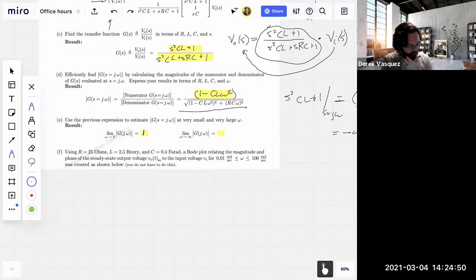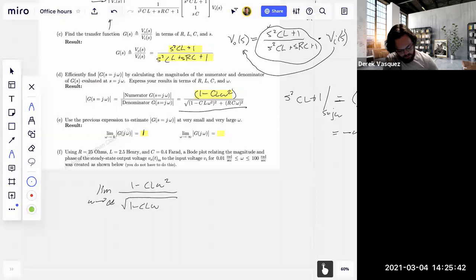Perfect. Okay, so now we're going to take the limit as omega approaches infinity, and this will be the magnitude of G of j omega at very high frequencies. So 1 minus CL omega squared over the square root of 1 minus CL omega squared, plus RC omega squared.